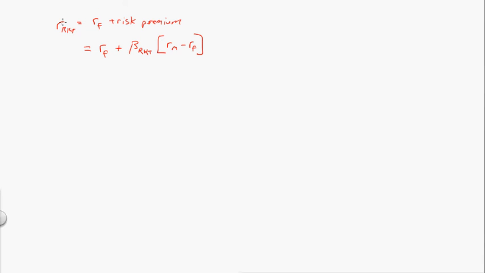Now, when I say the return for Rock-Ten and the return on the market, I mean the expected return. I'm just writing it as RM, expected return. Technically, I should be writing it differently, but just to make it simpler, remember these are expected returns. This term in brackets is the market risk premium.